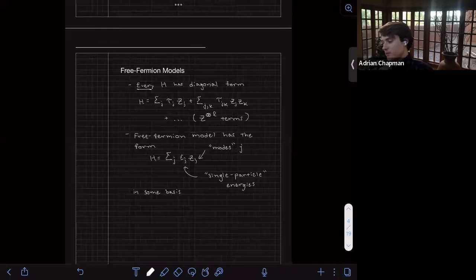But for an n-qubit model, you can have at most n single particle modes, and that tightly constrains the model. So you have basically n numbers from which 2 to the n energies can be extracted.